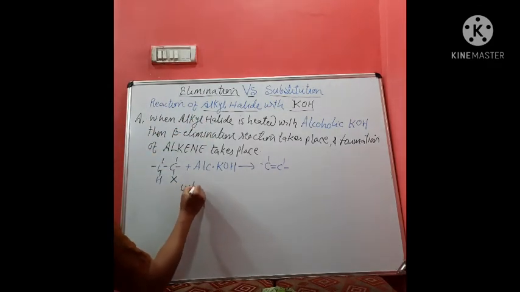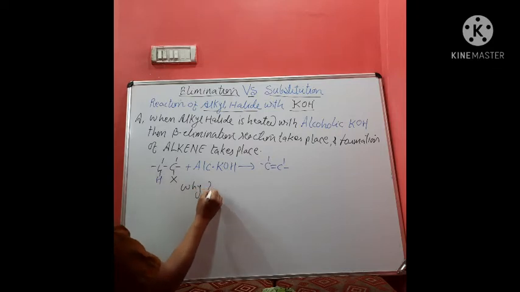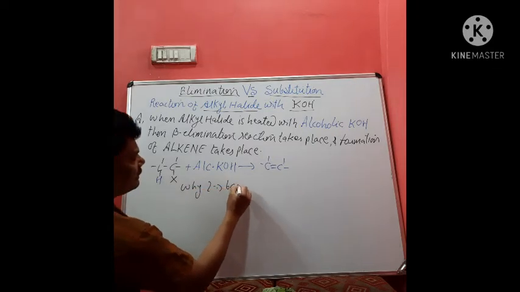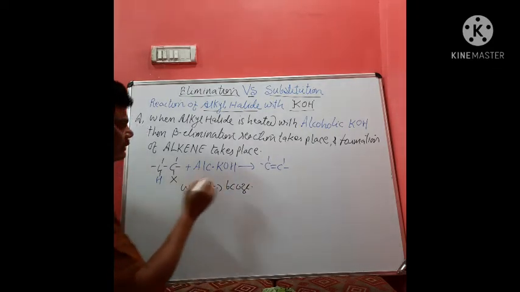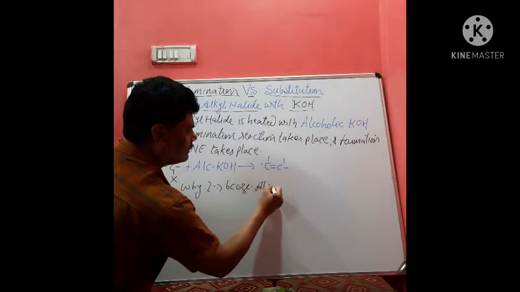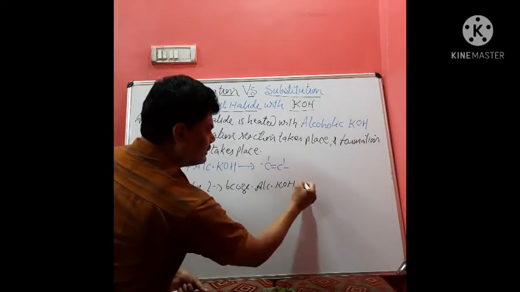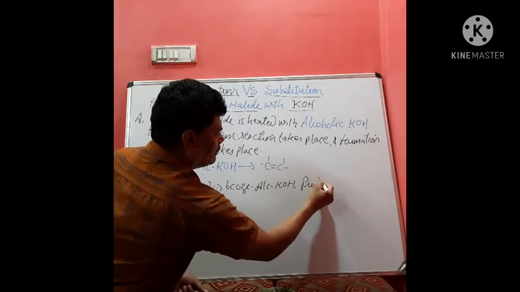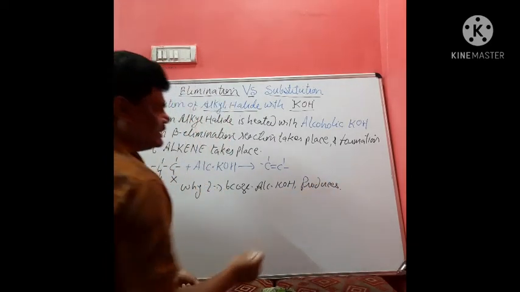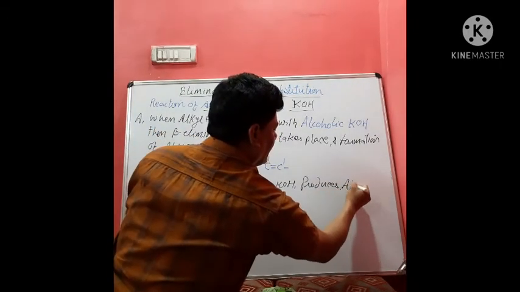Why? Because alcoholic KOH produces alkoxide ion.